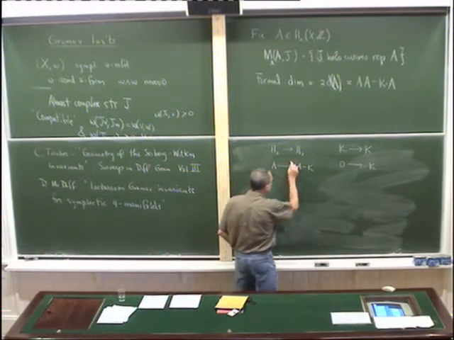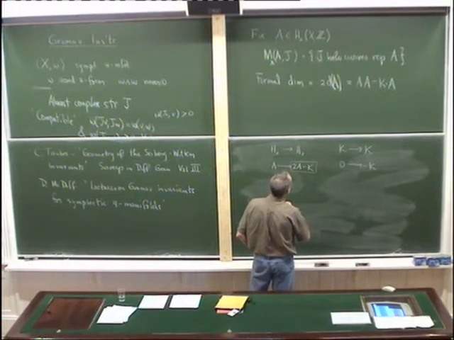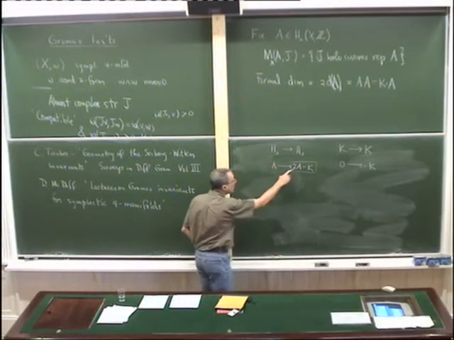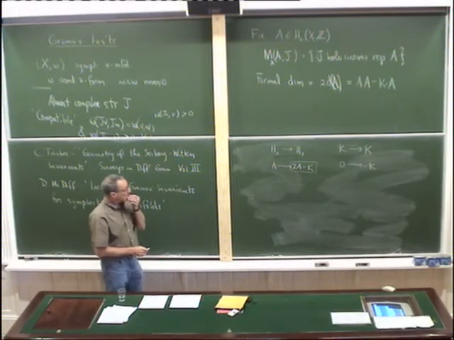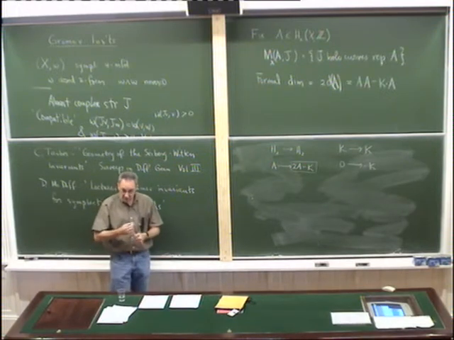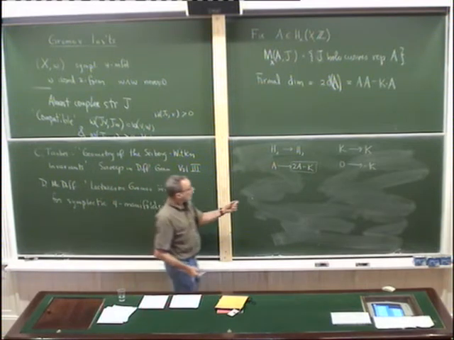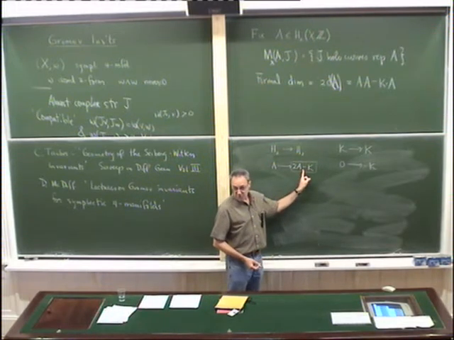So let's calculate the dimension of the Seiberg-Witten moduli space of solutions to the Seiberg-Witten equations that have this as C1 of its spin C structure. Okay?